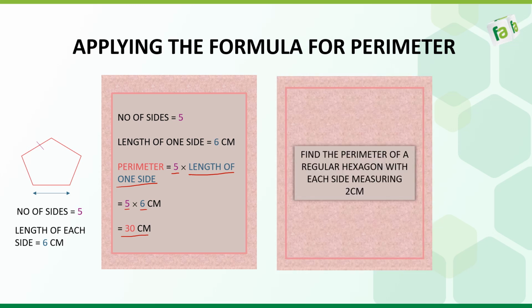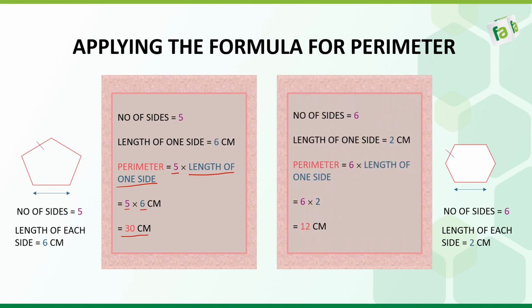Now, find the perimeter of a regular hexagon with each side measuring 2 centimeters. This regular closed figure has 6 sides since it is a hexagon with each side measuring 2 centimeters.